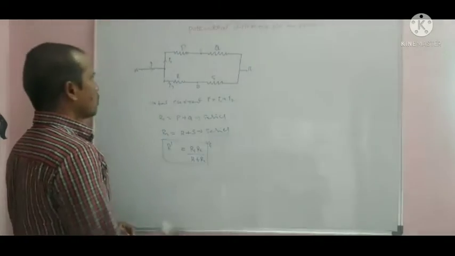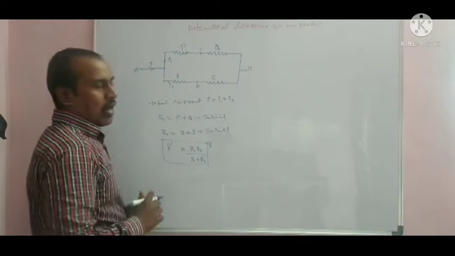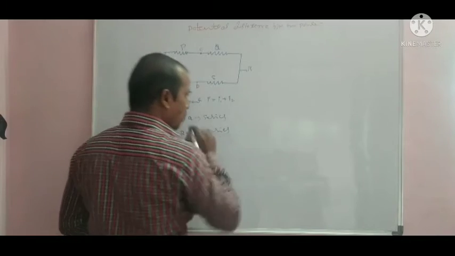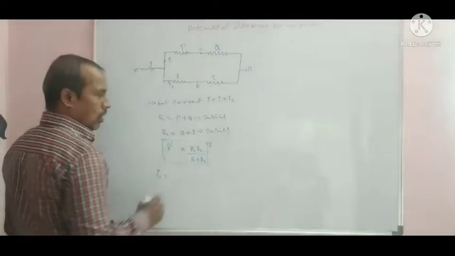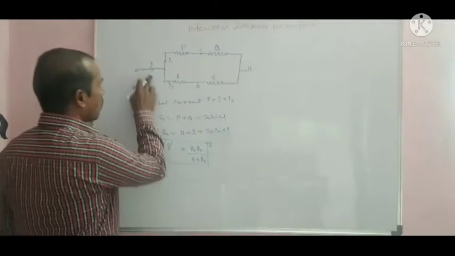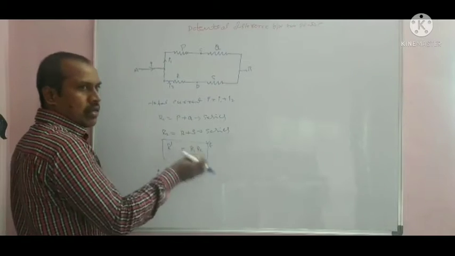Now the current passing through P and Q. I1 is equal to the total current, that means I, times the resistance of the opposite branch.